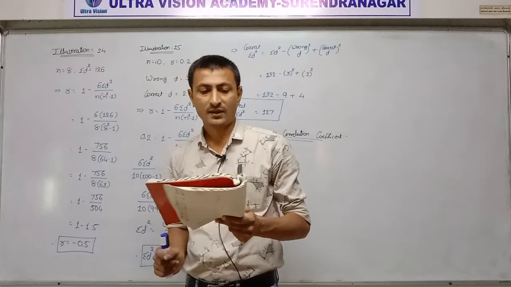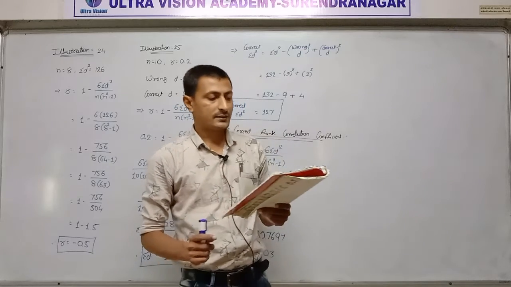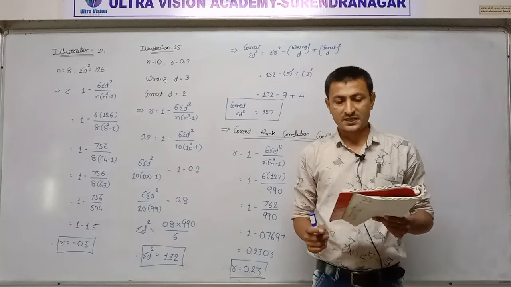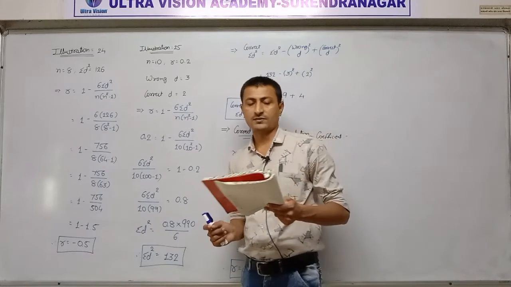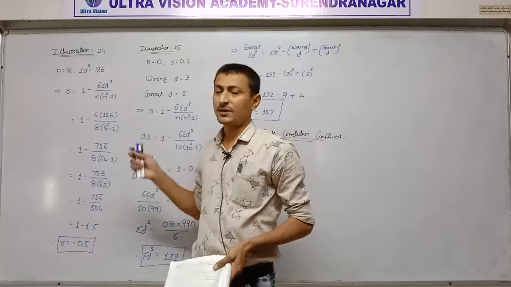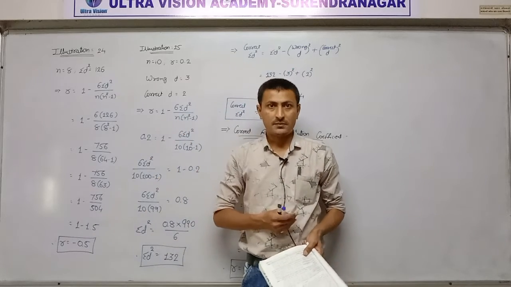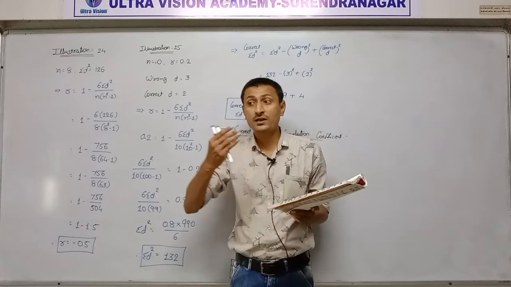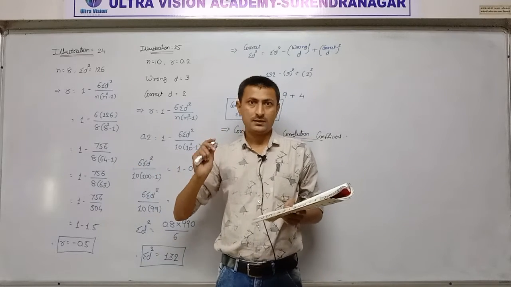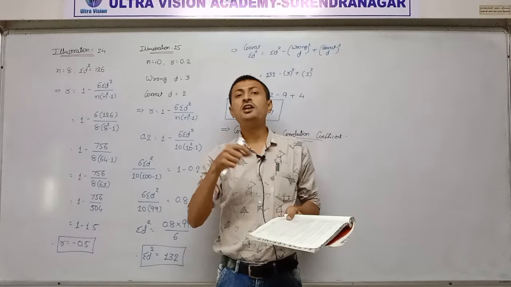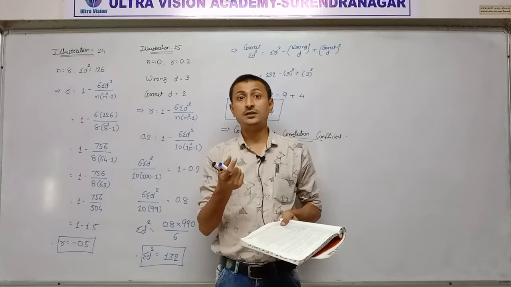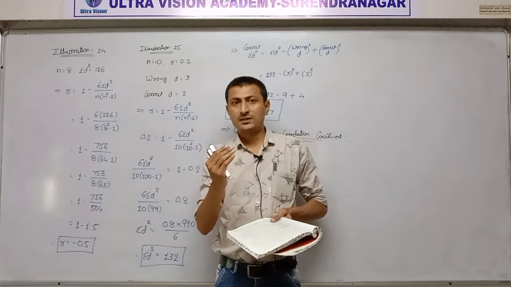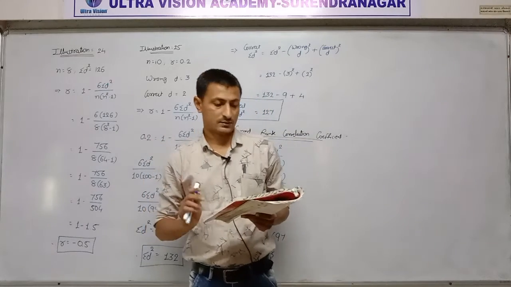Number one, since the ranks are used instead of the actual observations, there is always a loss of some information. In this method, compulsory use of rank means the actual collected data is not used, so some information is lost.